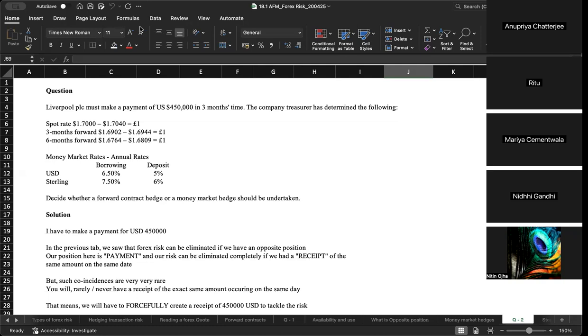In that case, if I have a foreign exchange payment to make, I will deliberately, in a forced manner, try to create a receipt on that date so that against the $4,50,000 payment that I have to make, there is an opposite receipt that I create worth $4,50,000 on the same day. And the payment and the receipt cancel each other out. And what you get is zero foreign exchange rate exposure on that day.